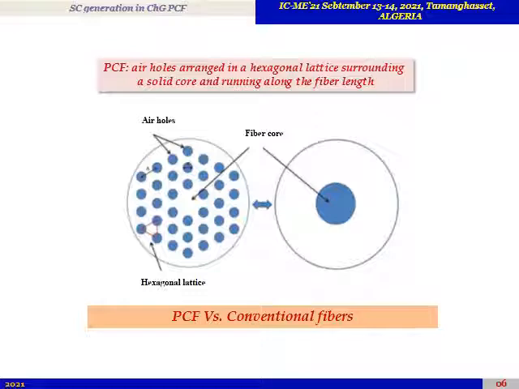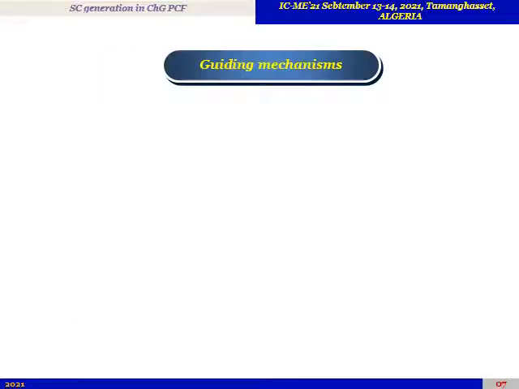Photonic crystal fibers are made by air holes arranged in a hexagonal lattice surrounding a solid core and running along the fiber length. Two key parameters characterize any photonic crystal fiber: the pitch and the air hole diameter.